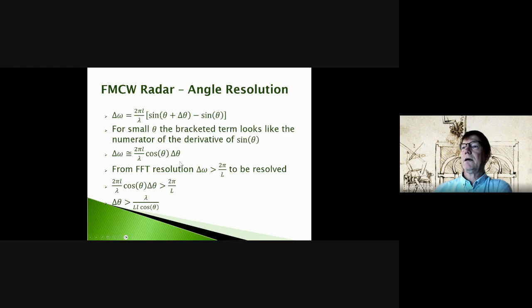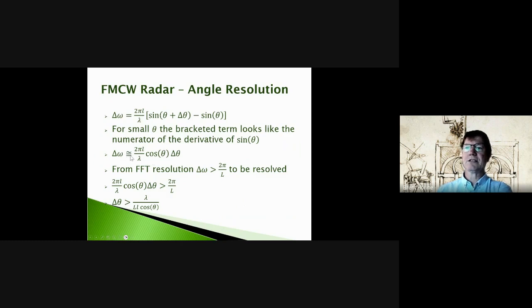So let's go ahead and multiply numerator and denominator of this equation by delta theta, and then replace that factor with the derivative of sine theta, which is cosine theta. This is the one that we multiplied on the numerator. The denominator went into making that derivative, and then we carry that along.